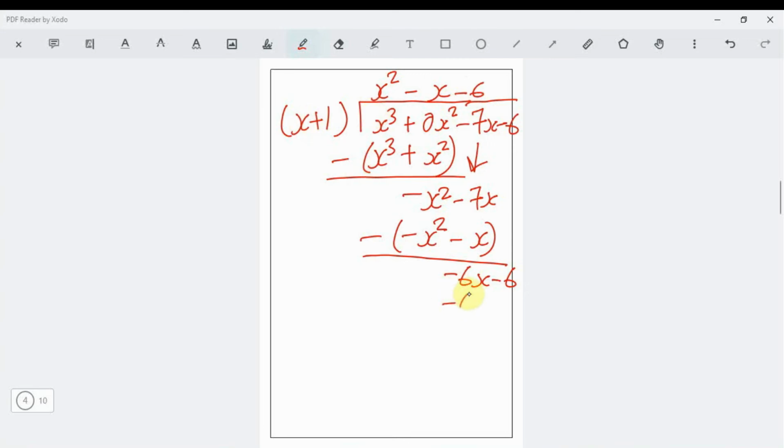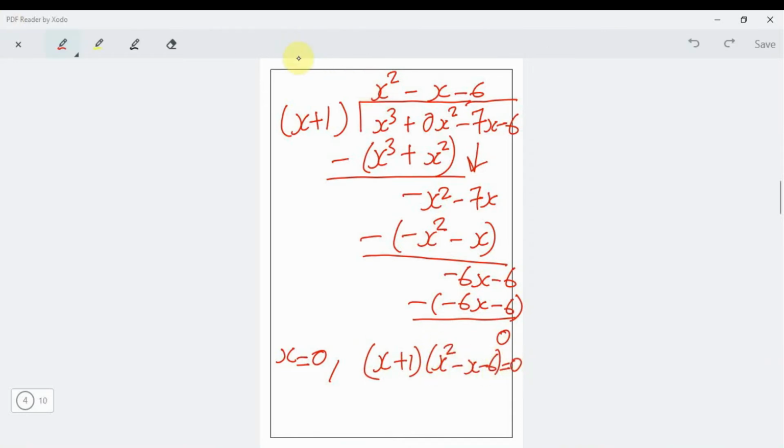Minus 6 times x is minus 6x minus 6. We subtract again. So now we realize that the solutions are x equals 0, or the cubic simplifies to x plus 1 times x squared minus x minus 6 equal to 0.